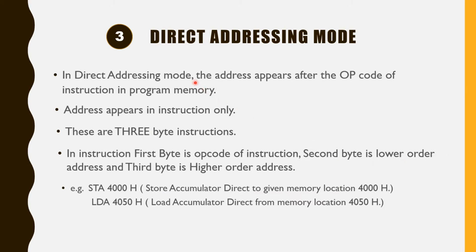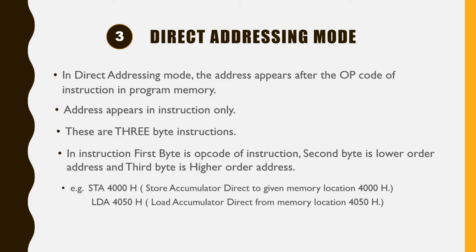So this is the direct addressing mode. Now first of all, what is direct addressing mode? Direct addressing mode means whenever in an instruction after the opcode directly an address is given, then it is called a direct addressing mode.